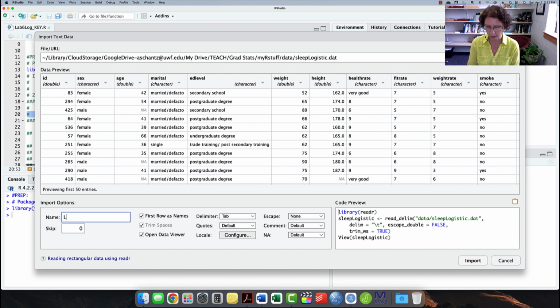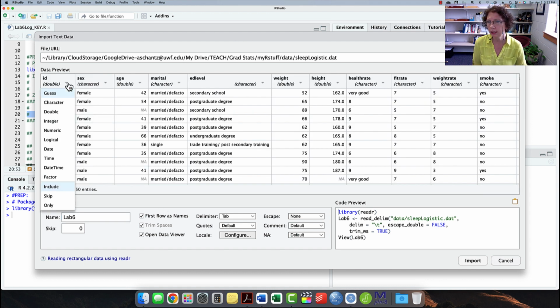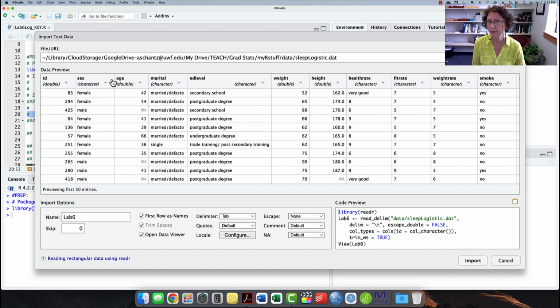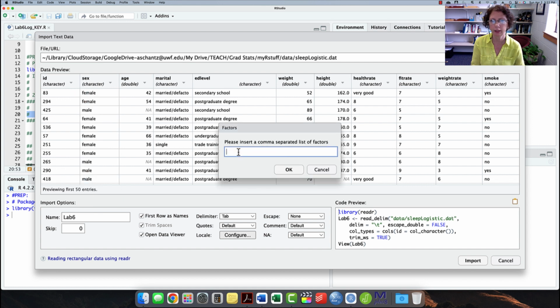I'm going to name it Lab6, and the ID set to character. Sex is going to be a factor, and because I know I want female coded as 0, I'm going to list it first.